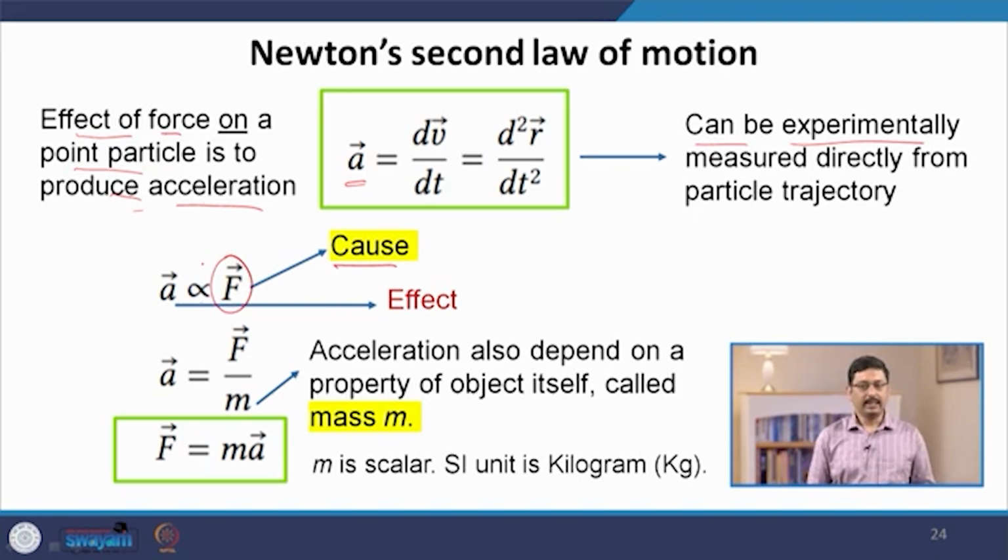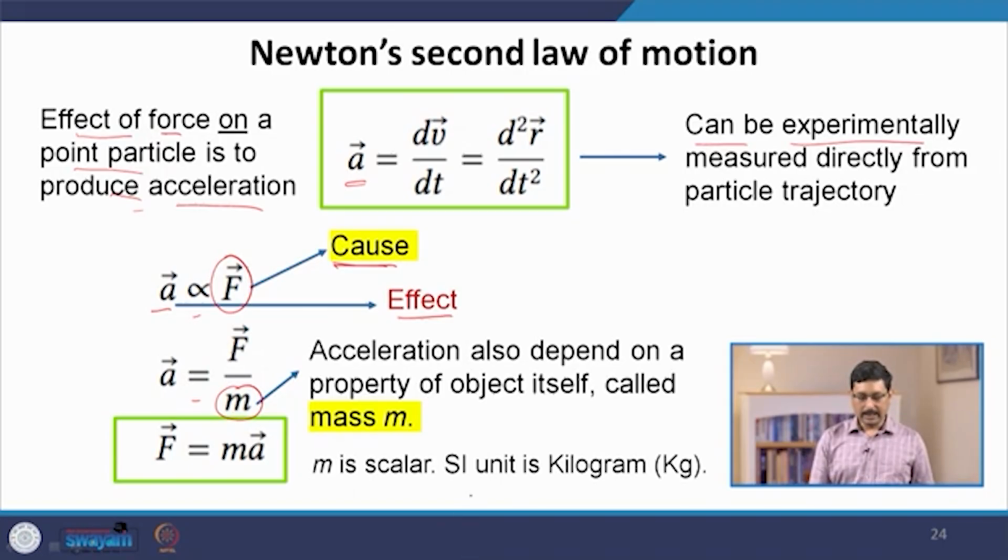In fact, the acceleration produced is directly proportional to the force applied on a point particle. So, force is the cause and acceleration is the effect. Now, if you replace this sign of proportionality by the equality sign, then the constant of proportionality is related to the mass.